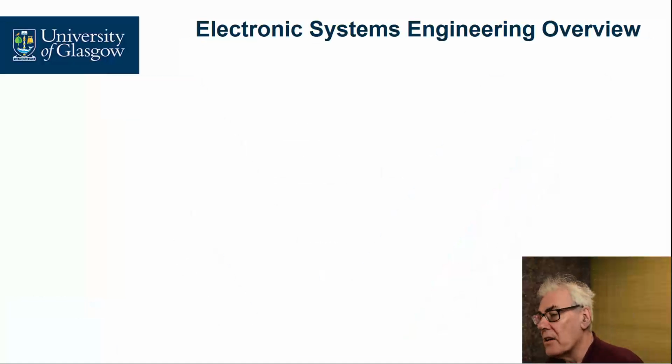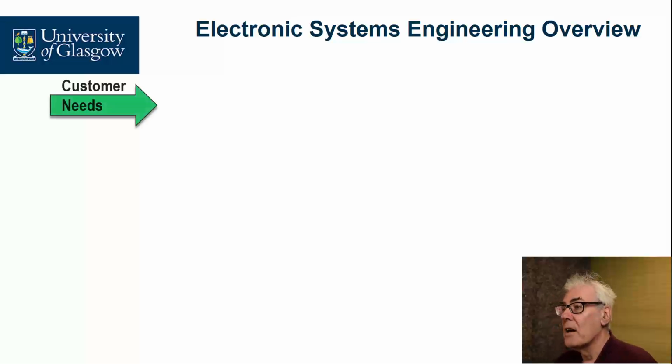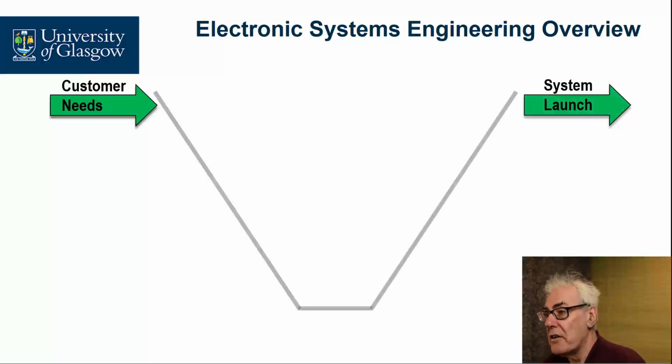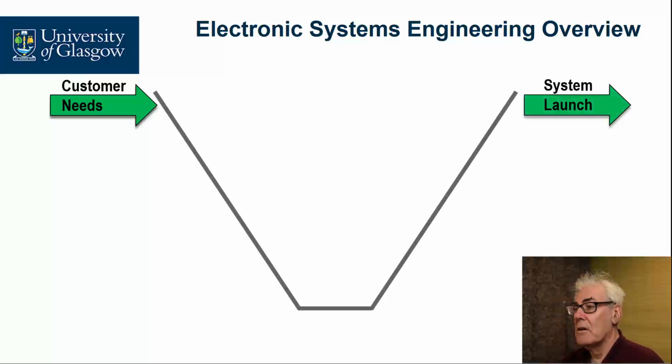The last diagram showed a generic solution for defining a system to address any problem. Now let's look at an electronic system engineering overview, which reflects very similarly the generic version. On the left hand side we have the customers' needs, what they're going to use it for.